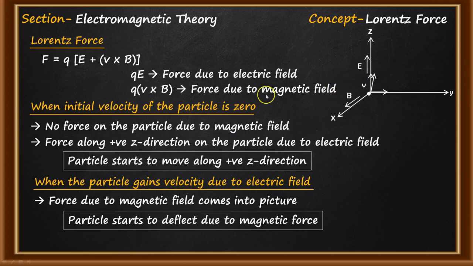We know that this magnetic force expression contains the term V cross B. Since the direction of velocity is changing, the direction of force will also change. When the velocity direction is along this direction, force is along this direction. Once it starts to deflect along this direction, the force direction will change. It will further deflect the particle away from the electric field direction. So instead of this, it will deflect along this direction as it further moves.